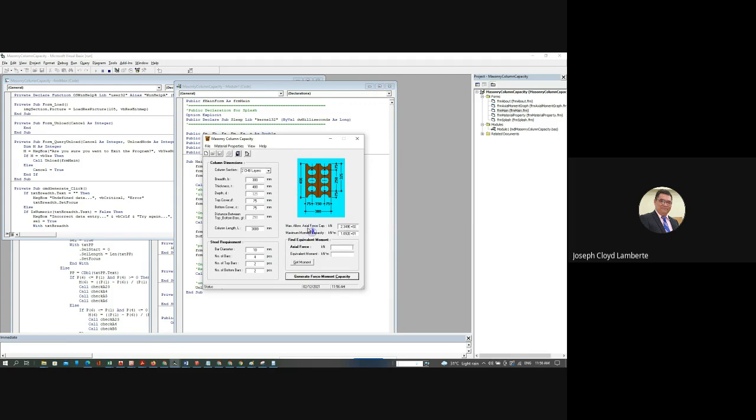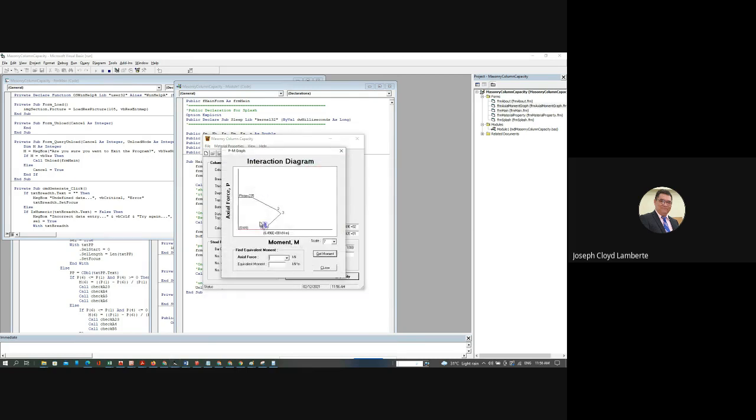So na kay maximum axial load capacity, na kay maximum moment capacity. And then if you want to get some moment, so muna siya ang akong capacity. Pwede na ako ma-resize ni siya actually.